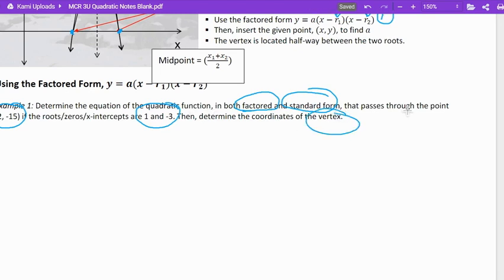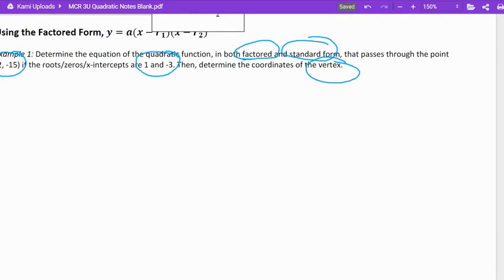Wow, they're asking for a lot. Okay, so let's write down what we know. Okay, so given, I know that there's a point 2, -15, right? Just as a reminder, that's my x, that's my y.